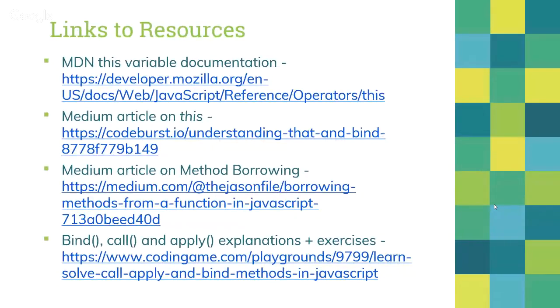First up, we have the MDN documentation on this variable. In this link, you will also find in-depth explanations on method borrowing and the three methods we just explained. The second one is an article on Medium for this variable. I put it just in case you find the explanation on MDN a bit overwhelming. This article is written in pretty plain and easy to understand words, so definitely check that out.